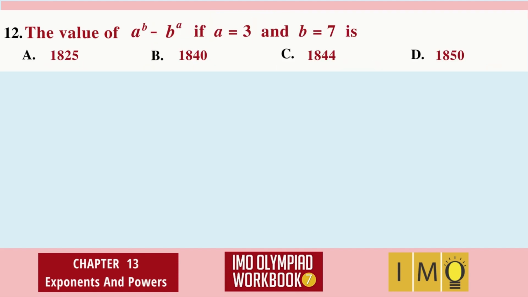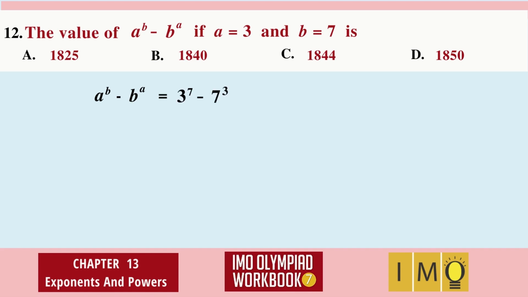Next, question number 12. Let's find the value of a to the power of b minus b to the power of a if a is equal to 3 and b is equal to 7. First step, let's substitute the values for a and b.